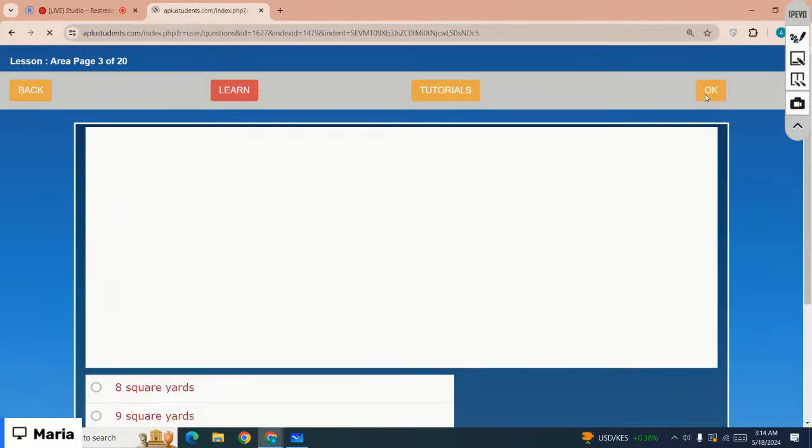The next one is, what is the area? You are given the rectangle.